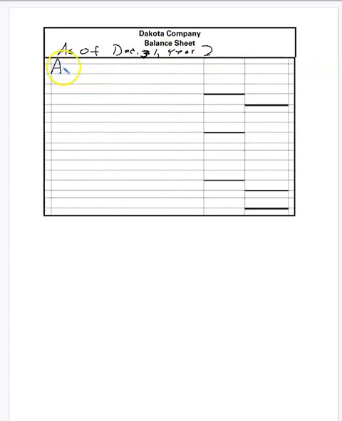Okay, and then we're going to list assets. We'll go here. We'll have our liabilities here. And then underneath liabilities, we'll have stockholders' equity. Those are the three big things on the balance sheet: assets, liabilities, and stockholders' equity.